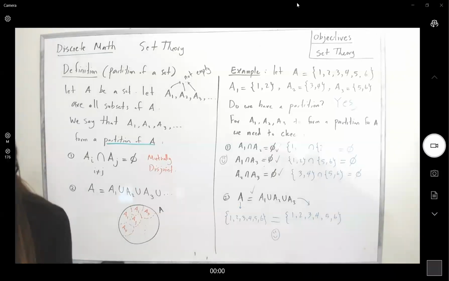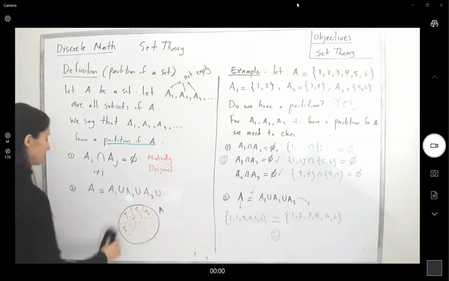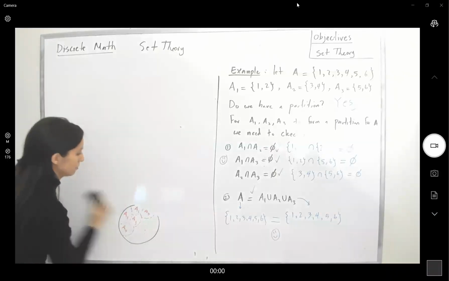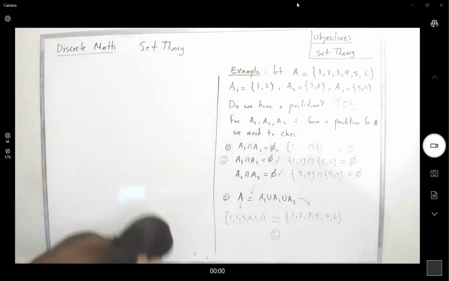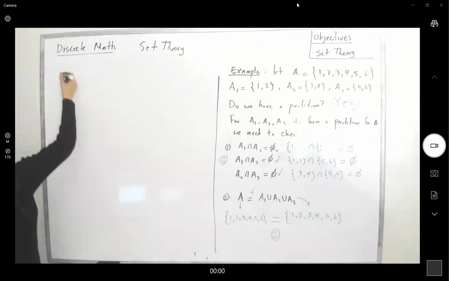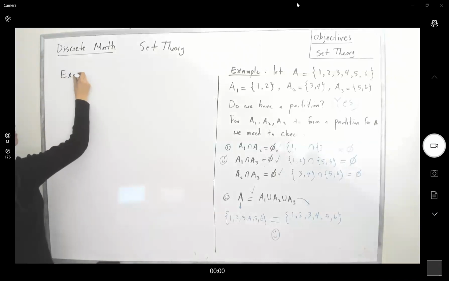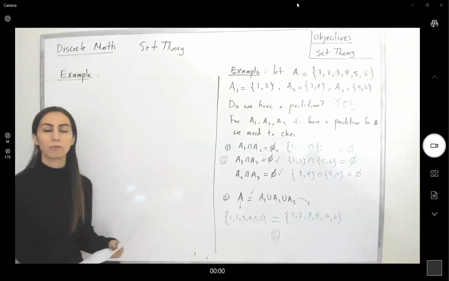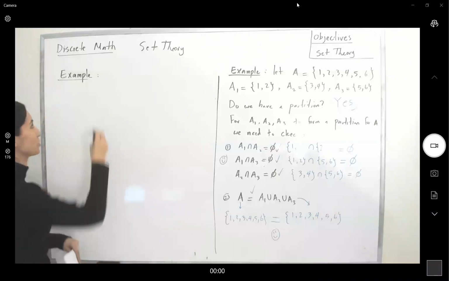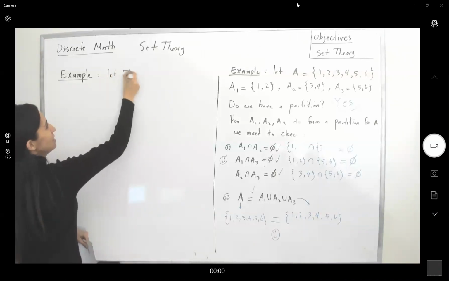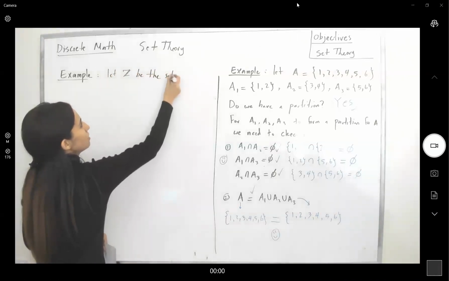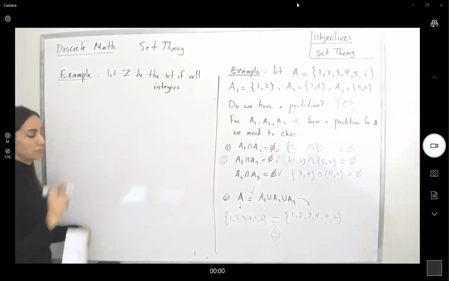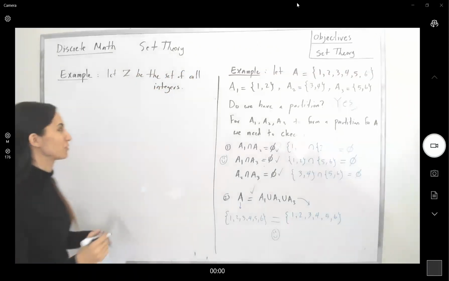Our next example is more interesting. Example. Okay, perfect. Now suppose you have Z as the set of all integers. Let Z be the set of all integers. We're going to define the subsets this way.